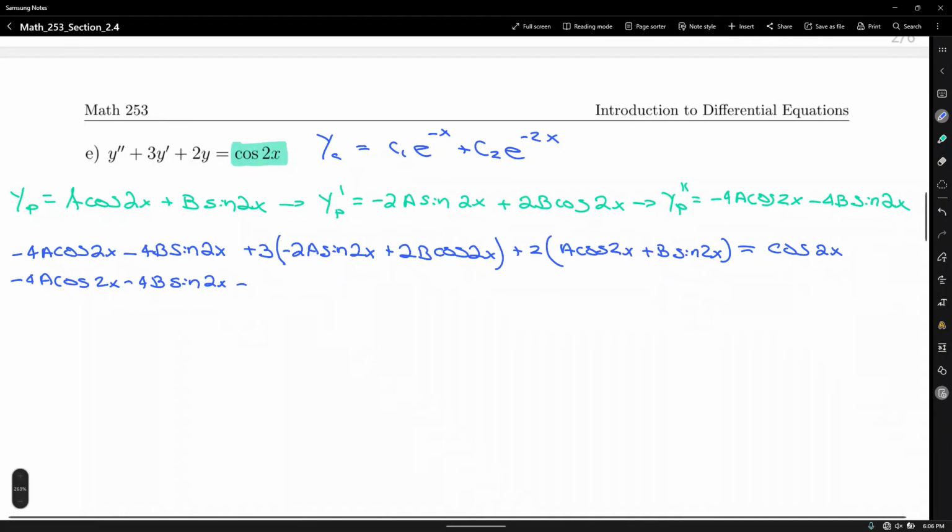So minus 6a sine 2x plus 6b cosine 2x plus 2a cosine 2x plus 2b sine 2x. Let that be equal to cosine 2x.